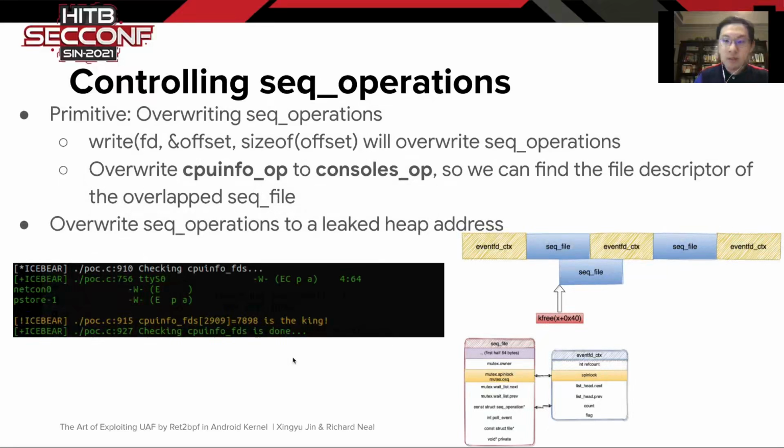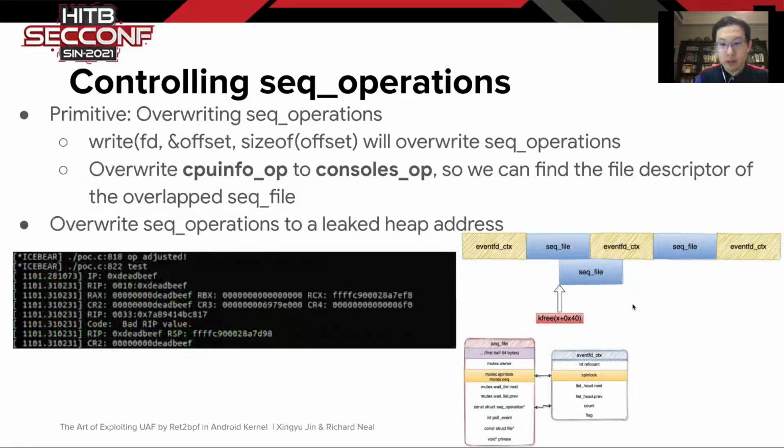So the next step is to control the seq_operations. We can simply overwrite the seq_operations to control the slab object. Initially, we can just fill the seq_operations with something random, like a ret2bpf pattern, so we can validate that we now control the kernel IP from the kernel crash dump.